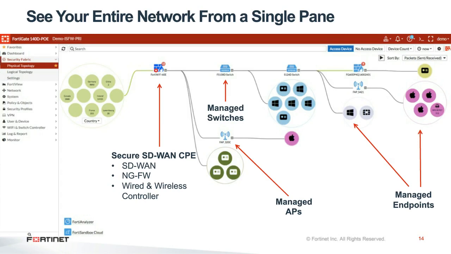So it's a single pane of glass for you to view both networking and security. You may also wonder how this whole view is generated. It is generated automatically as FortiSwitches and FortiAPs are added into the network, and the discovery is carried out by FortiLink, which I shared earlier on. Next slide, please.